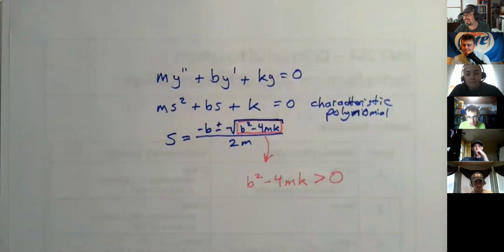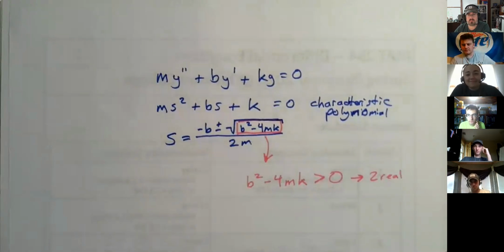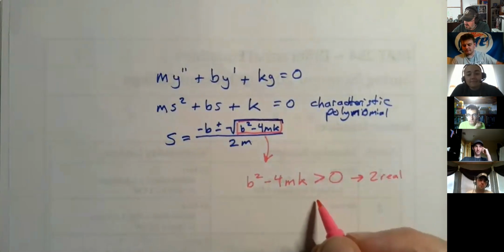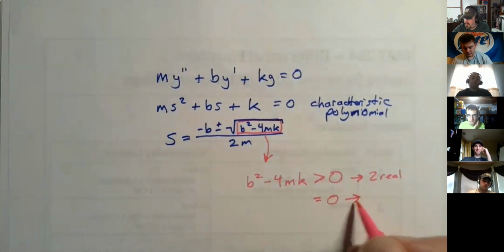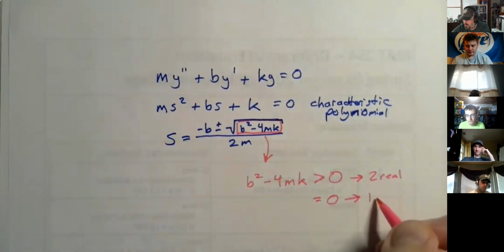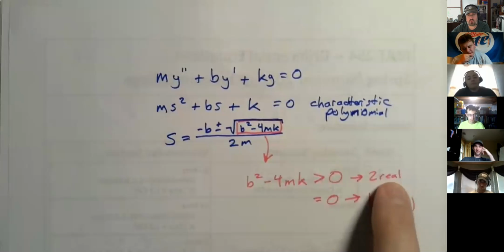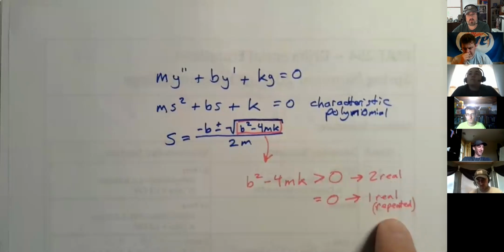They'll be real. This yields 2 real solutions. And if that thing is equal to 0, then we get 1 real solution that's a repeated solution. That's our repeated eigenvalue. So this is 2 real eigenvalues, and this is 1 repeated eigenvalue.